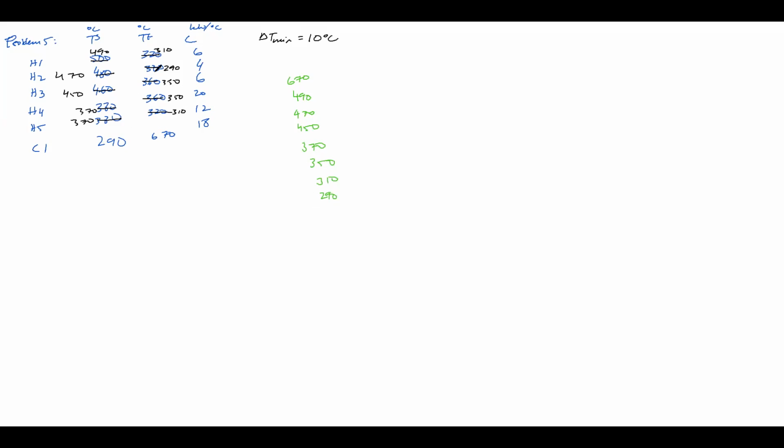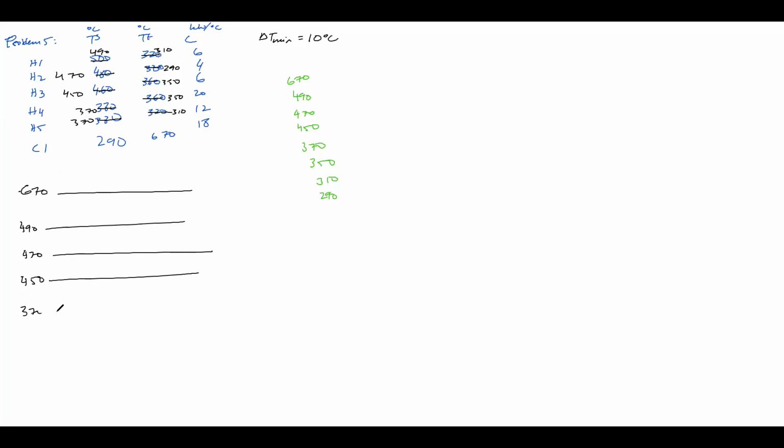Did we miss any numbers? No, I think we have all the numbers here. So now let's plot them and see how the system is looking. I'm just going to write them here: 670, 490, 470, 450, 370, 350, 310, and 290.